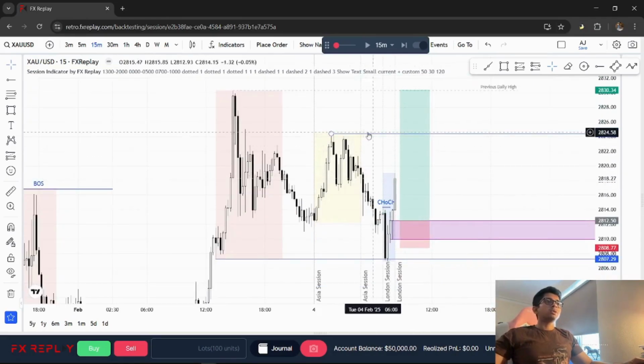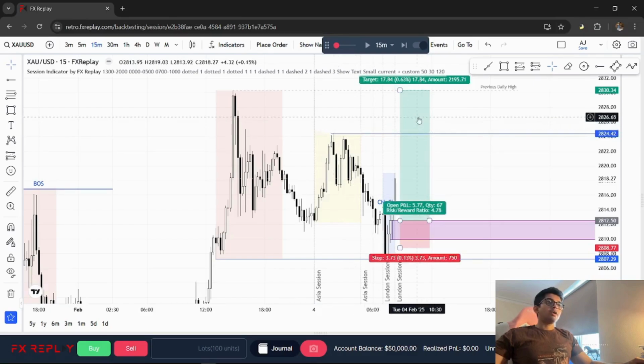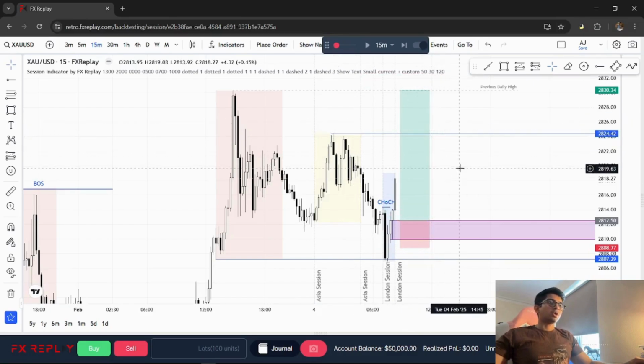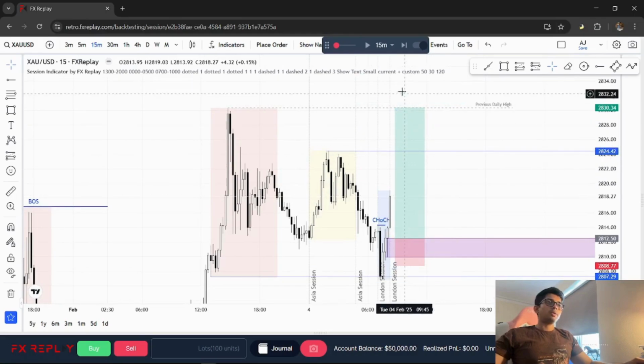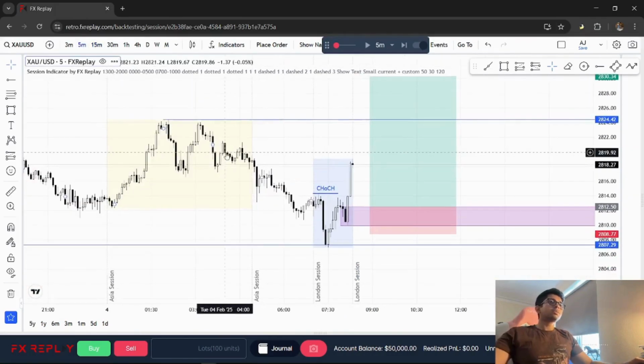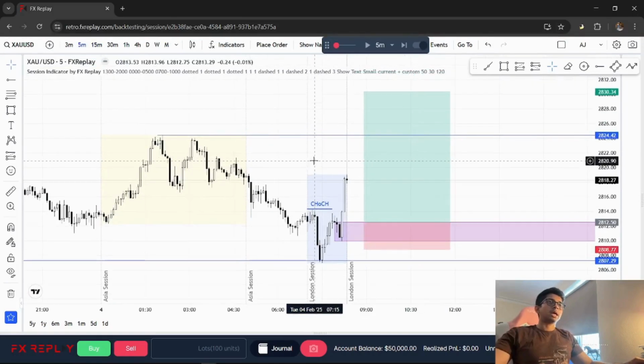So what I like to do is take some partials if price taps into this level, and if it shows rejection, I'll close all my position. If not, let it run all the way to this high, and I'm happy to hold. Again, only if we get tapped in.